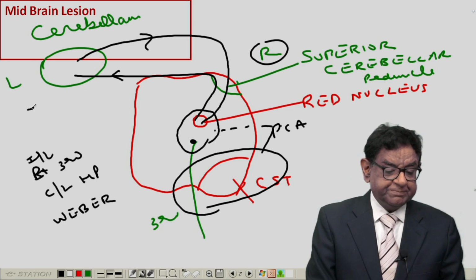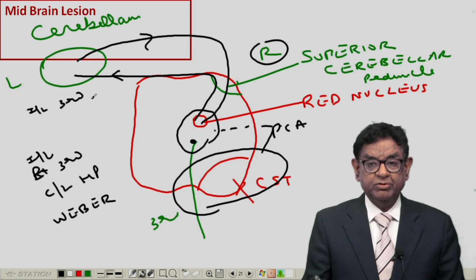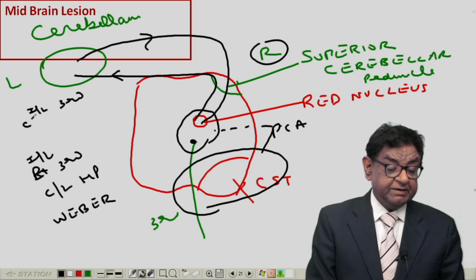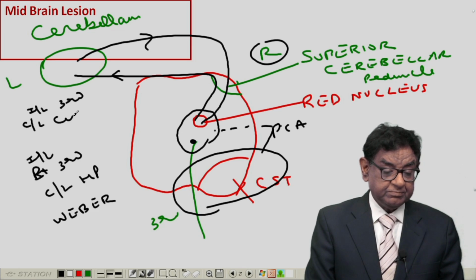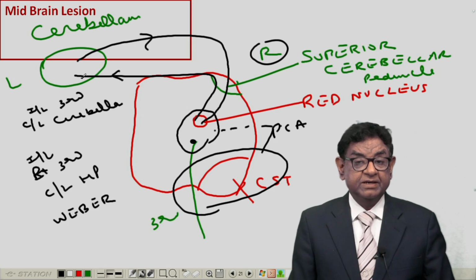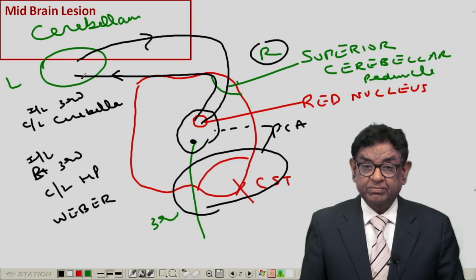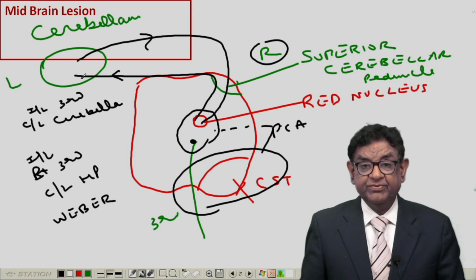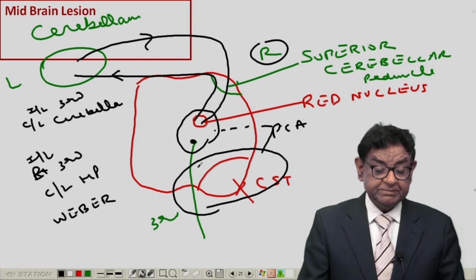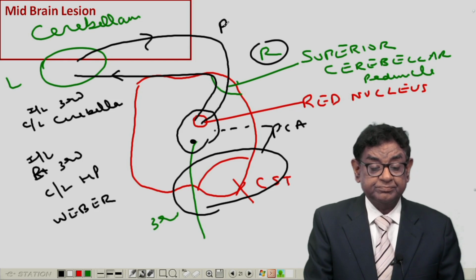There will be ipsilateral third nerve palsy, no doubt about it, but there will be contralateral cerebellar features. Why? Because this red nucleus is getting afferents from the cerebellum of the other side and giving efferents to the cerebellum of the other side. So this is known as Benedict syndrome.